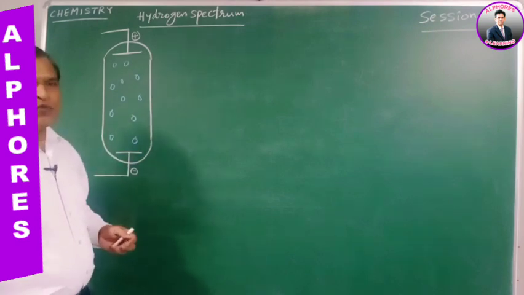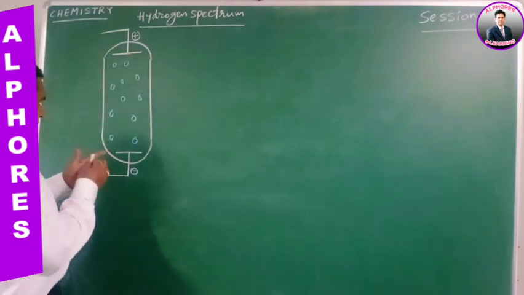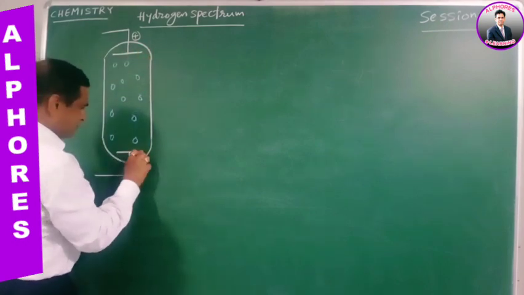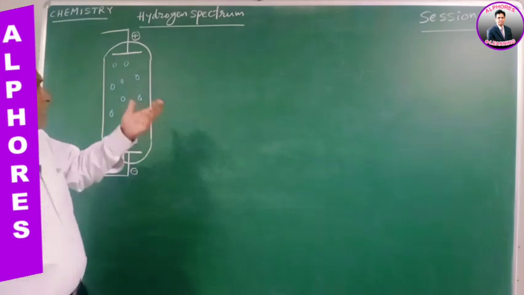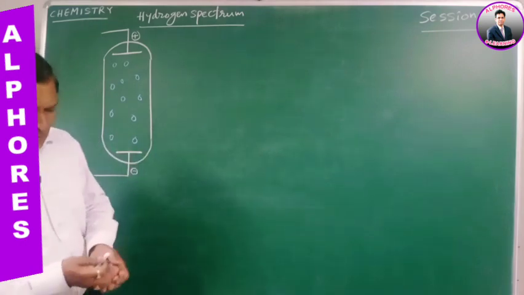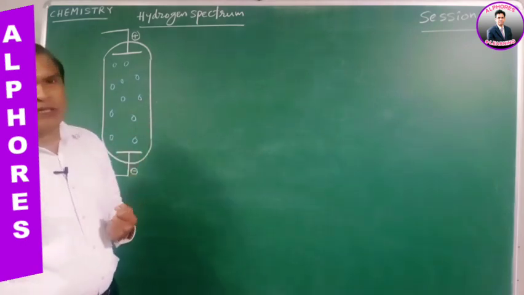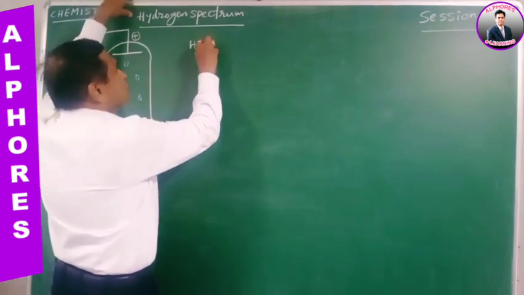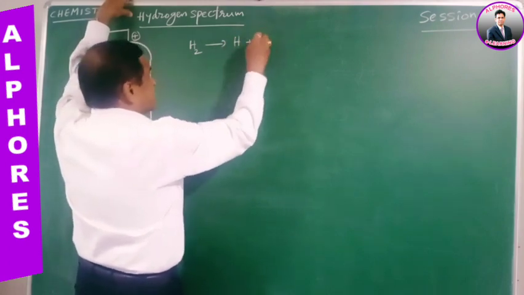Hydrogen gas is filled in the discharge tube under low pressure, and by passing the potential current, the gas is heated. Some part of the energy is absorbed by the hydrogen molecule to dissociate into hydrogen atoms.